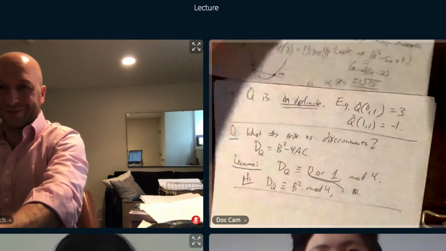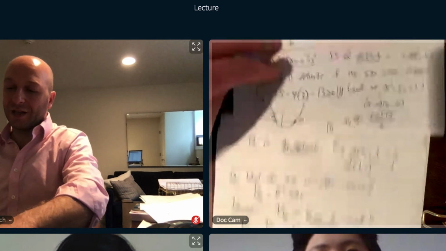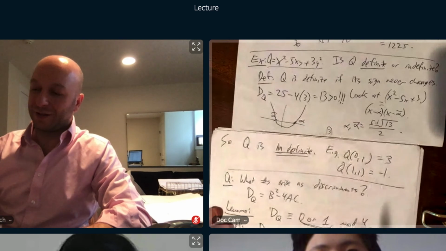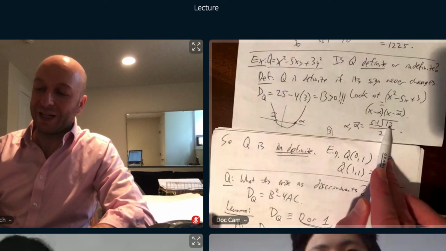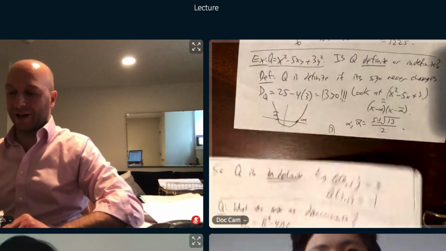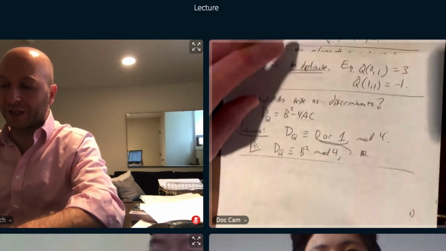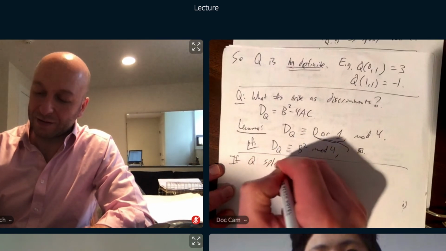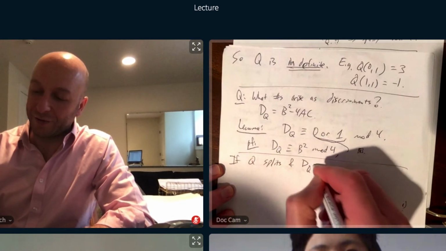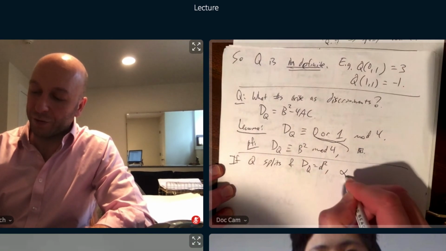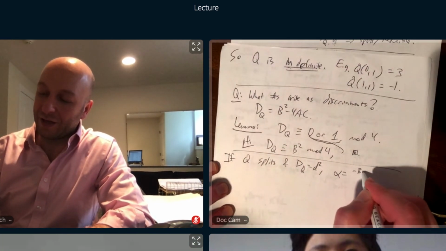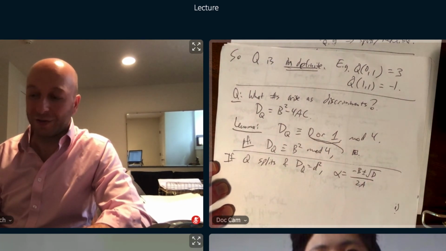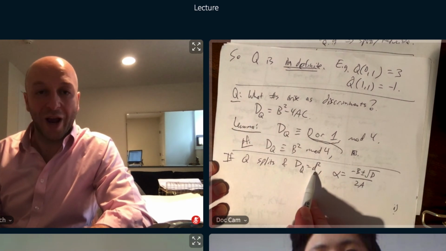Does that make sense? And by the way, let's look back at the quadratic formula for a second. I should have made this comment before. I meant to talk about splitting. If Q splits, i.e. the discriminant of Q is a perfect square, what are the two roots? Negative b plus or minus square root of D over 2a. But D is a perfect square.